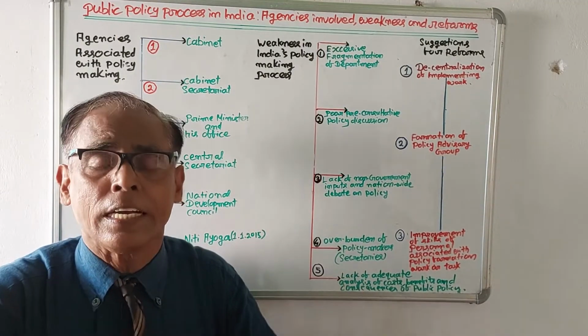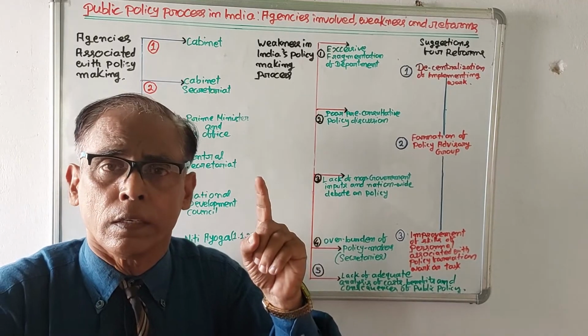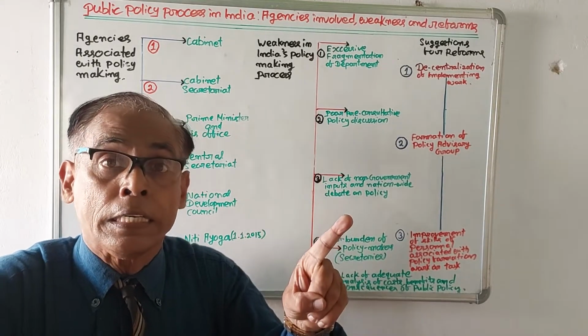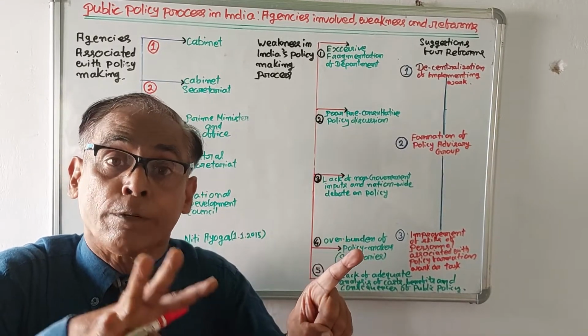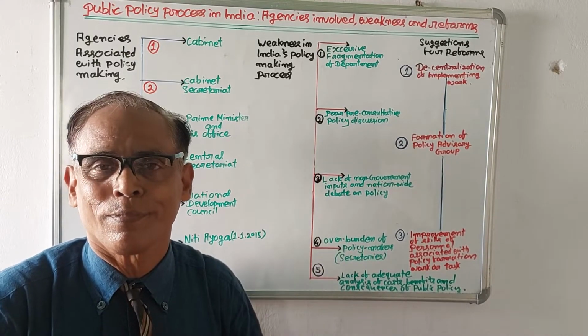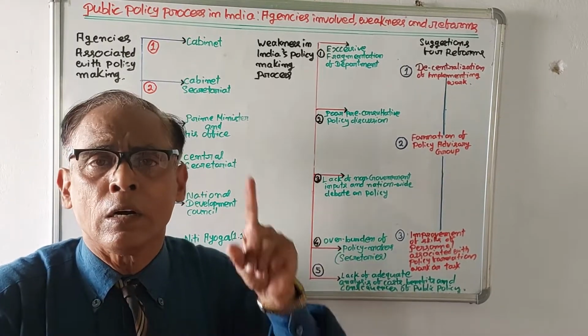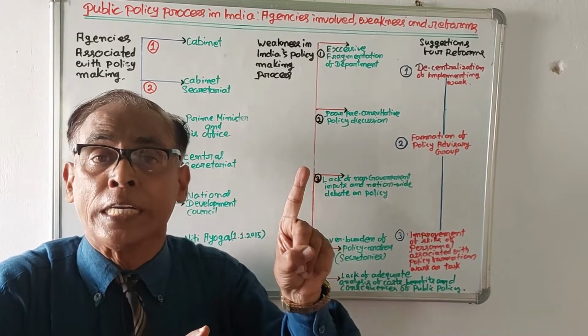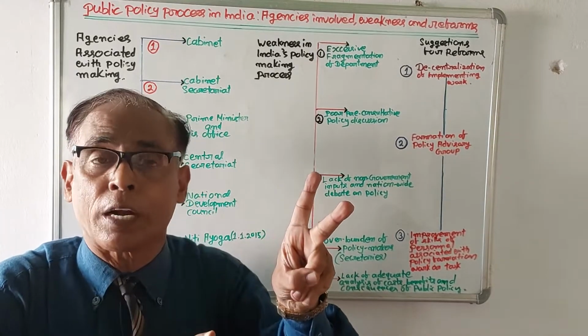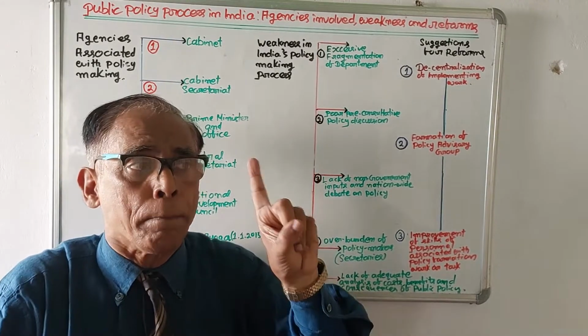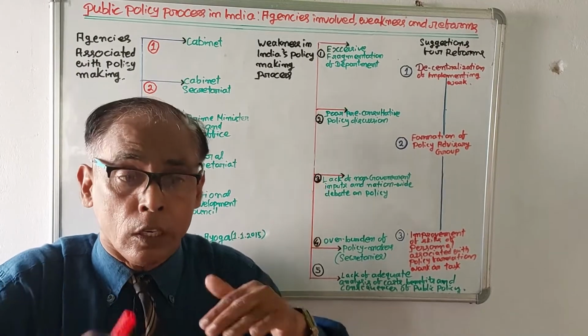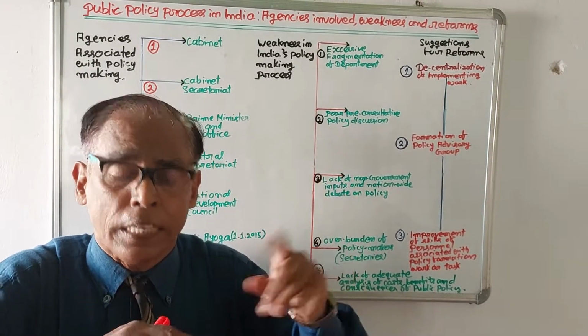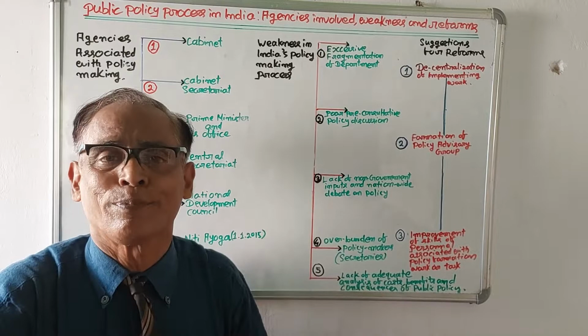It means in India, a particular field is under several departments. For example, in America, one field is under one department. In Britain, one field is under one department. But in India, a particular field is under various departments.